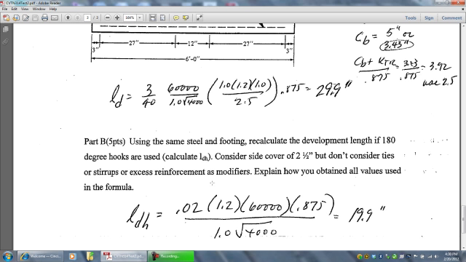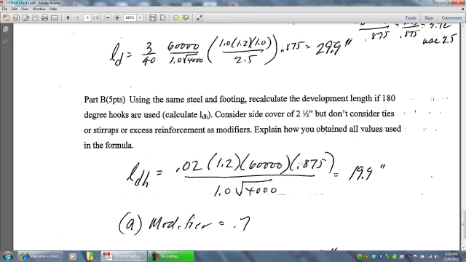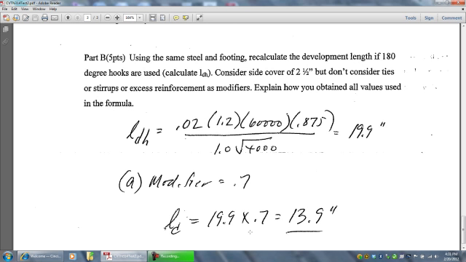Well, ties, stirrups, and excess reinforcement are paragraphs B, C, and D. The side cover is paragraph A, so you would apply that. You have a side cover of at least 2.5 inches, so that modifier is 0.7. So your development length truly at the end comes out to just under 14 inches.